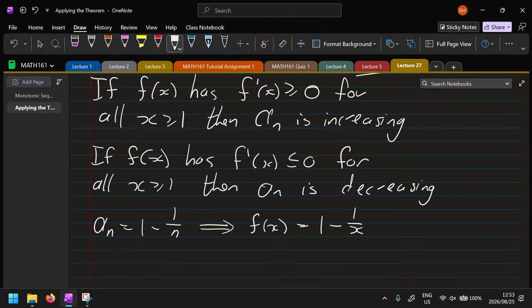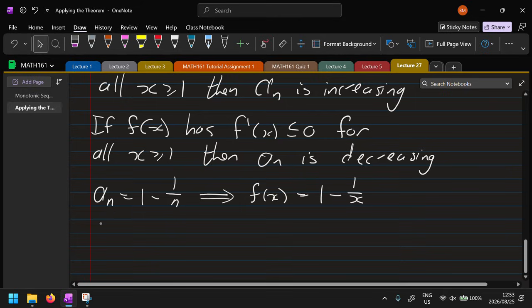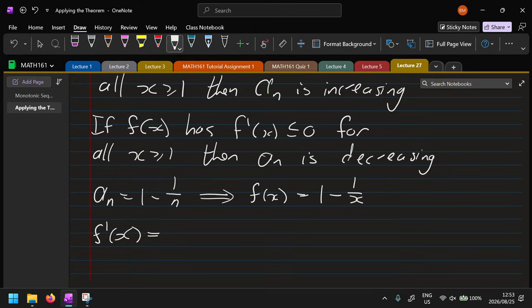So let's check, is this differentiable? Yeah, it's differentiable. That's fine. So we can do the derivative. So f prime is going to be 1 over x squared, which we know is always positive.